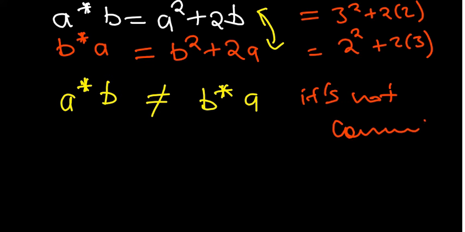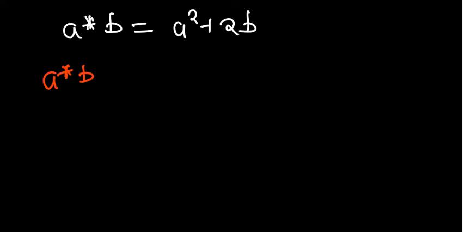Now the last part of the question was asking us to determine whether it is associative or not. So we have a star b being equal to a squared plus 2b. So how do you find associativeness? How do you basically get to deal with it? This is an aspect where you now have more than two elements: a star b in brackets and then star c.